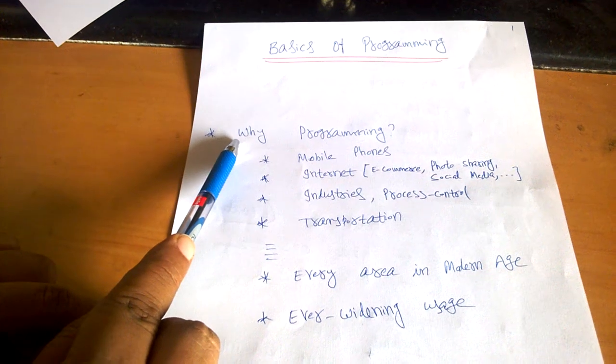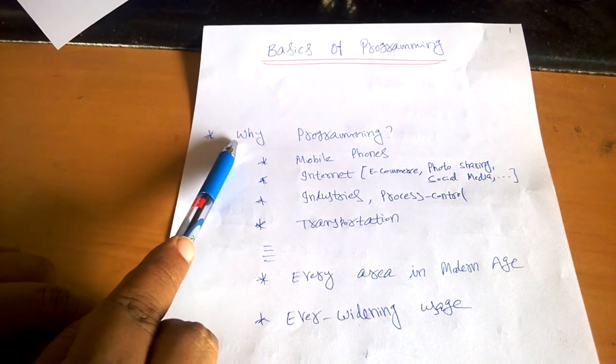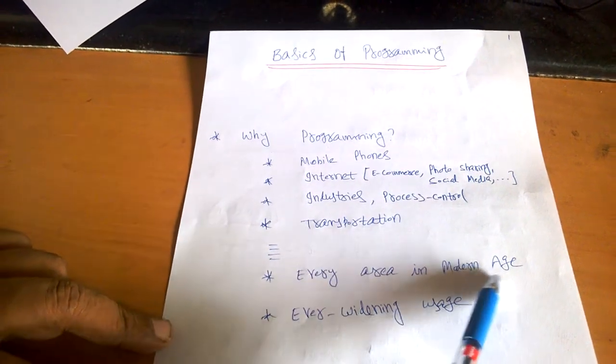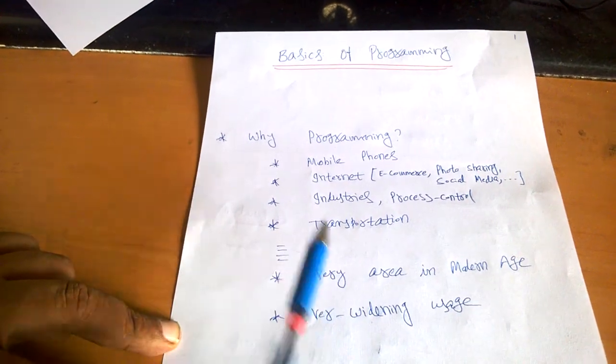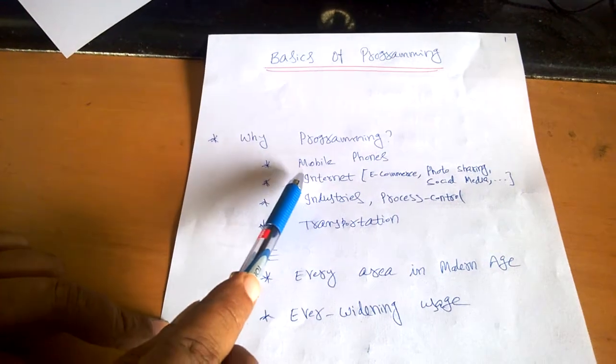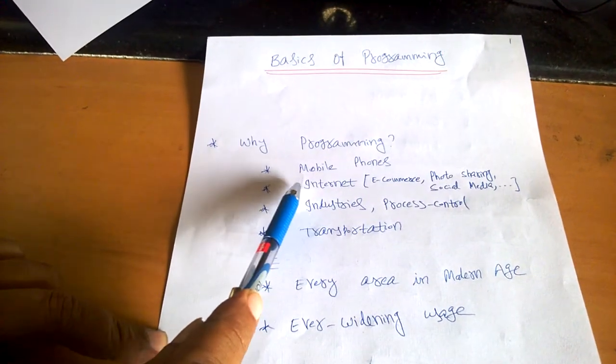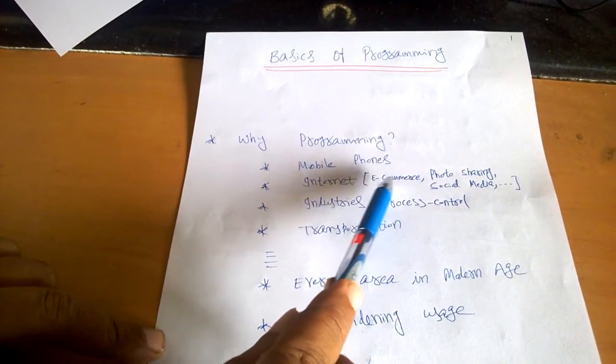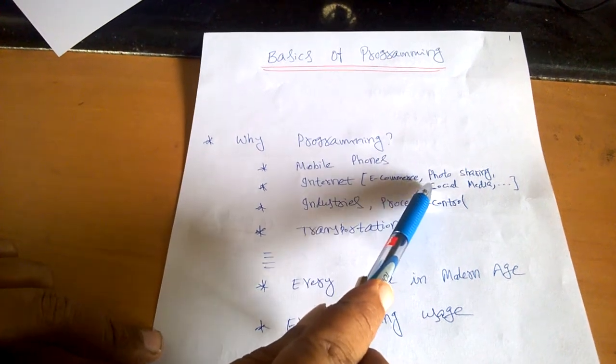As we can see, programming permeates each and every area in the modern age, such as mobile computing and the internet. The internet involves e-commerce, photo sharing, social media, chatting, and so on.